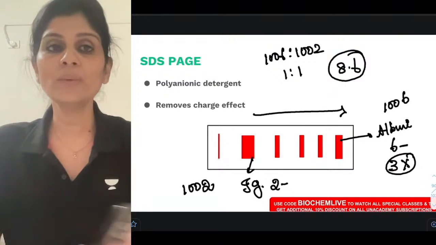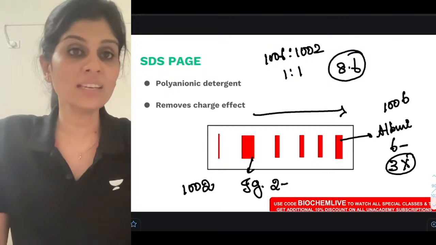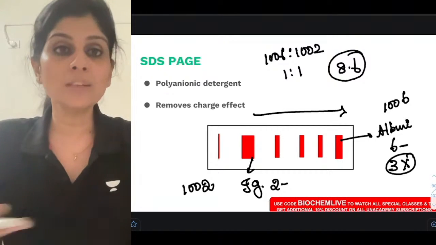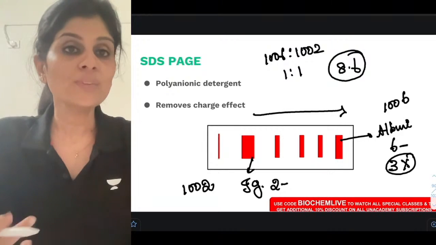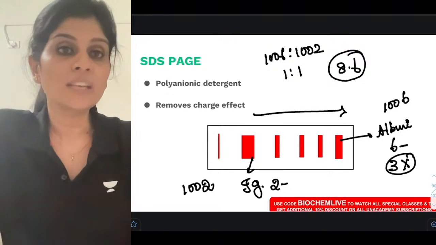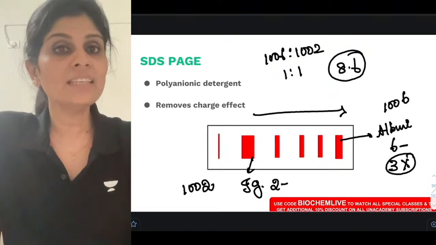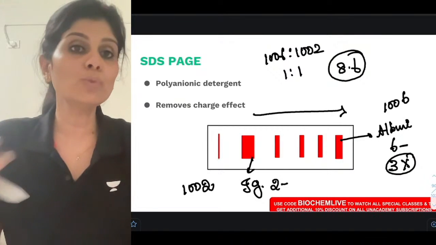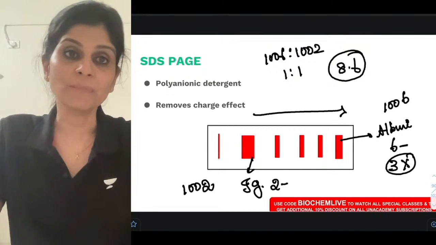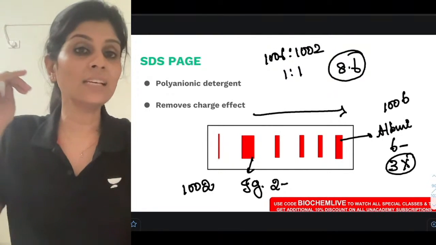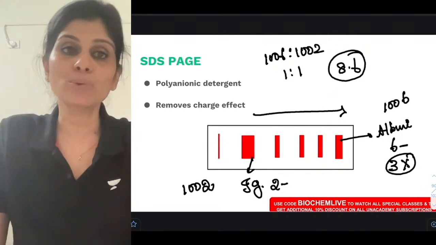Do you understand this? So when I say SDS is a polyanionic detergent, I mean to say it adds numerous negative charges to all the proteins uniformly. So that charge-based separation is ruled out. Okay. And when I say it is a detergent in proteomics, it is something which removes all higher orders of structure. Okay, detergent removes secondary structure, tertiary structure, and it retains only primary structure for a protein.